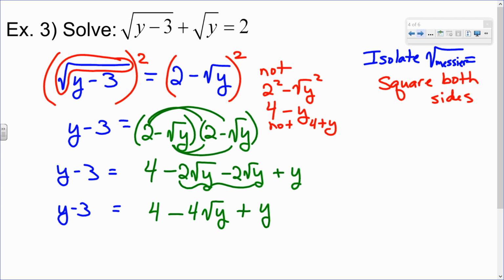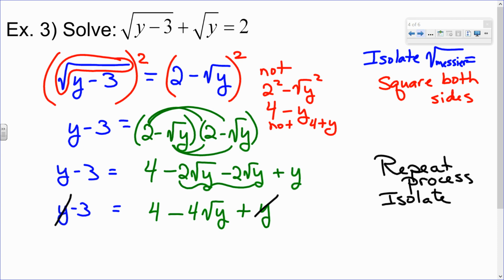Now we're going to combine like terms, because we always do that in algebra stuff. So if I subtract y from both sides, I no longer have any of those regular y's, so that's nice. I need to repeat this process, and this time I need to isolate the only square root that I have left, and it's now going to be just a square root of y.